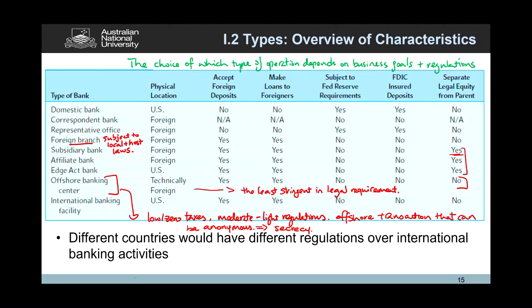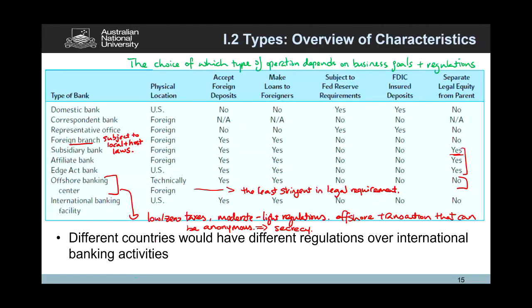Is it for branches or for subsidiaries? If you are a branch, then you are subject to the home country's law as well as the host country's law, but sometimes you can get some discount in terms of the law you have to be subject to.